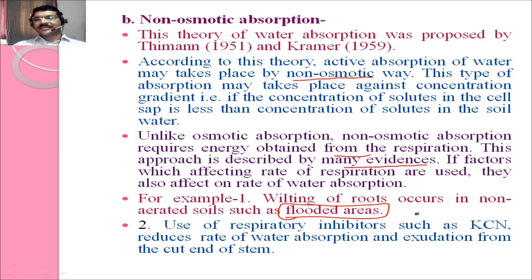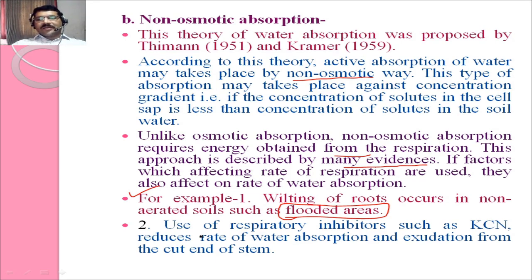Due to lack of respiration there will be no energy formation, and due to no energy formation there will be no absorption of water, and such plants get wilted. Though the plants are embedded in water, they can't absorb water due to lack of respiration and lack of energy. So this is the first evidence for this type of absorption.